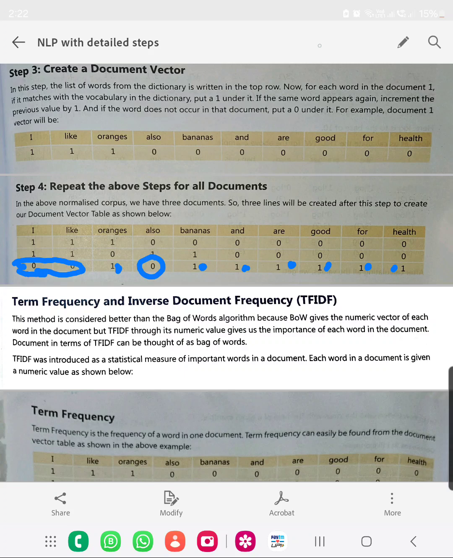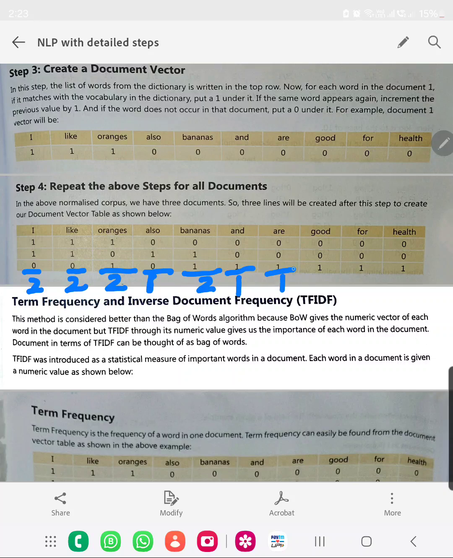And if I do the total, in case I want to see the frequency of I, so I is used twice, like is used twice, oranges is used twice in the corpus, also is used once, bananas is used twice, and is used once, are is used once, good is used once, for is used once, and health is used once. So this is the frequency. So the bag of words could be a collection of I, like, oranges, also, bananas, and are.